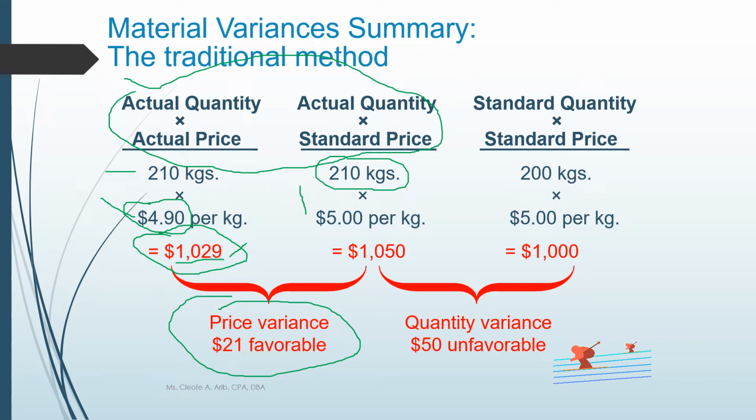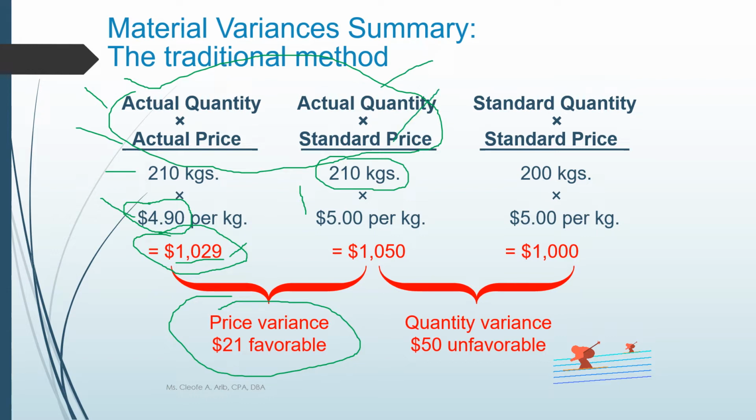Let's repeat that. What I am computing currently using the traditional method is the price variance for your materials. What do I need to compute for your price variance? I need to compute the difference between your actual quantity multiplied by your actual price less your actual quantity multiplied by your standard price.